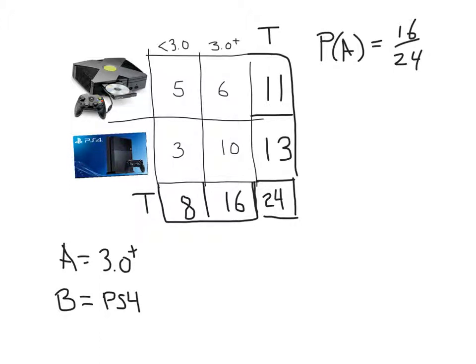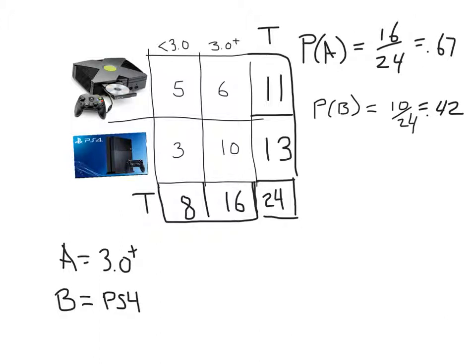So the probability of event B, the probability that they have a PS4, is 10 out of 24. Let's get the decimal representation for that. So you have about a 67% chance of picking a kid that has a 3.0 and a 42% chance of picking a kid that owns a PS4.